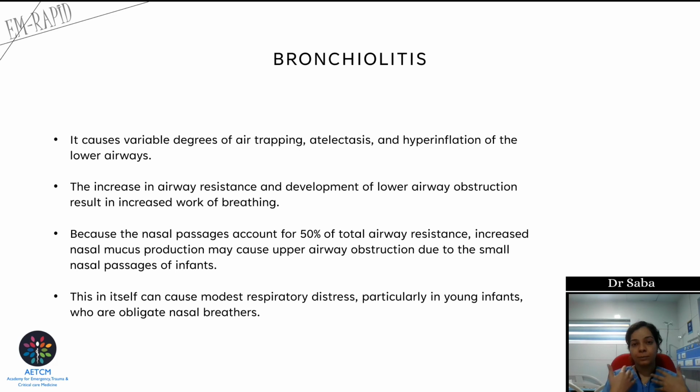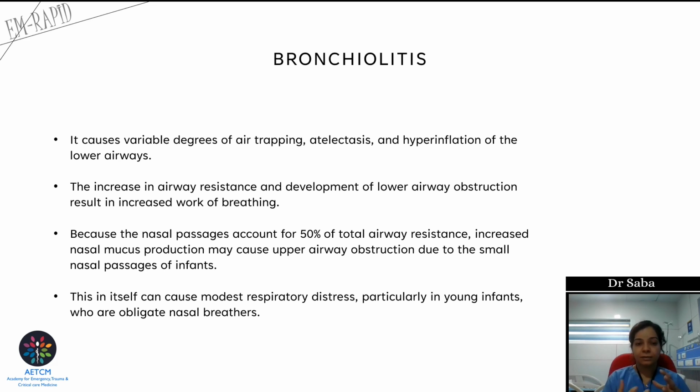So the patient will end up using his or her accessory muscles. Typical increased work of breathing symptoms will start to show up, like nasal flaring in kids, subcostal retraction, intercostal muscle recessions. All of these things will indicate that the child is in respiratory distress, which is nothing but the increased work of breathing.